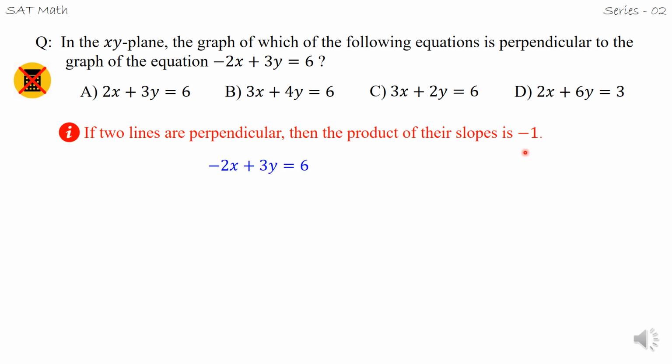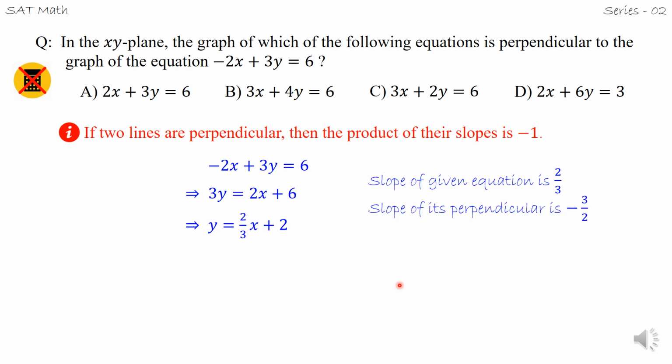So we have to find the slope of the given equation. Rewrite the equation: y equal to 2 over 3 x plus 2. So we know that 2 over 3 is the slope of the given equation. So the slope of its perpendicular is -3 over 2.